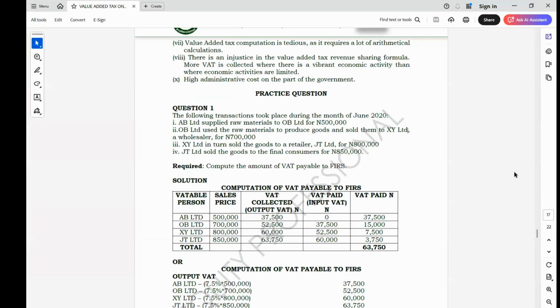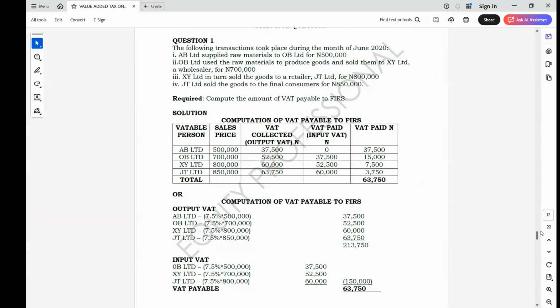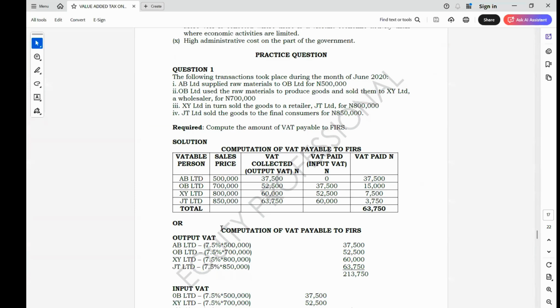You can either calculate it that way, or you can calculate it in another form, by looking at the output VAT separately and then removing the input VAT. As I told us, that is the invoice credit method. So we calculate our output VAT.